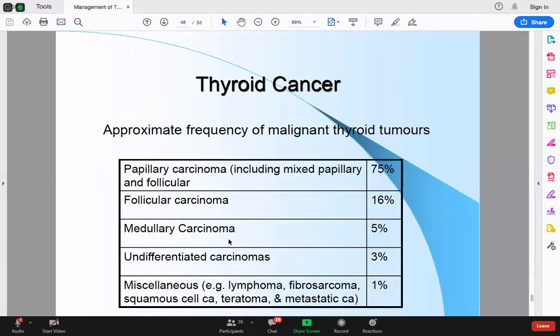I don't think we're going to talk about thyroid cancer. I think it's beyond the scope of this lecture. You guys have any questions so far? For those interested, they may go over the thyroid cancer, but I really think it's beyond the scope of today's lecture. Any questions, guys?